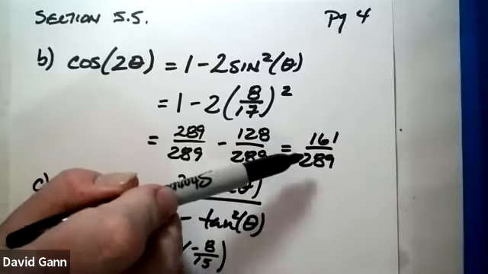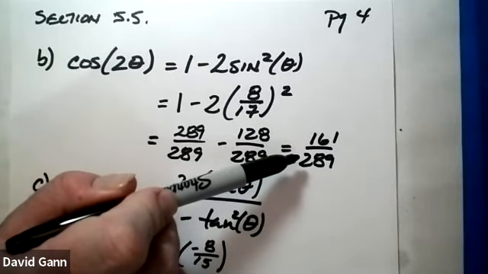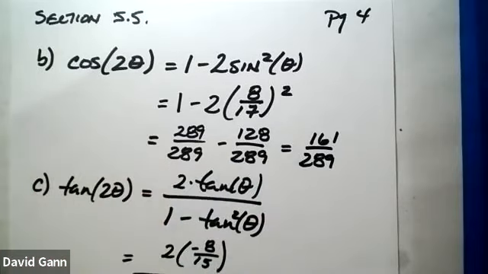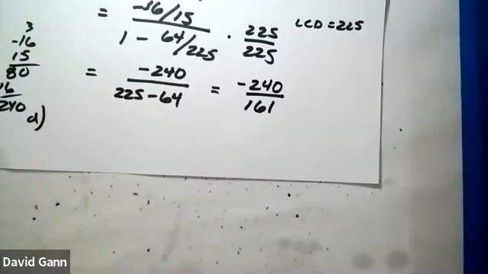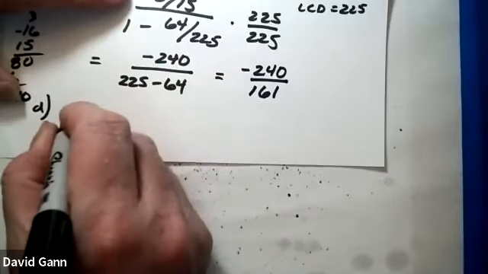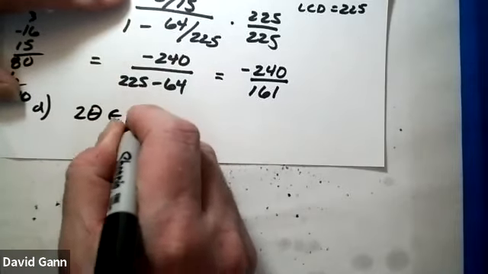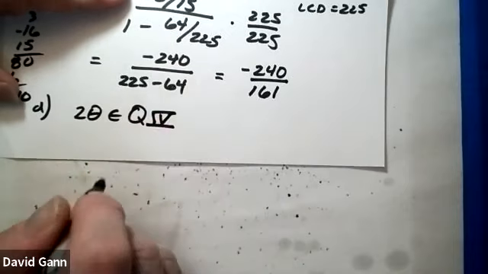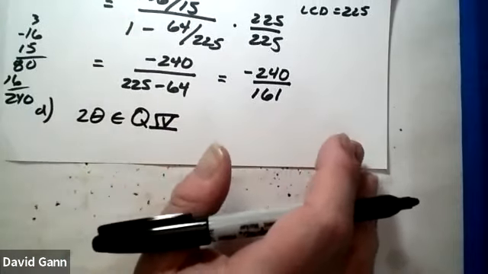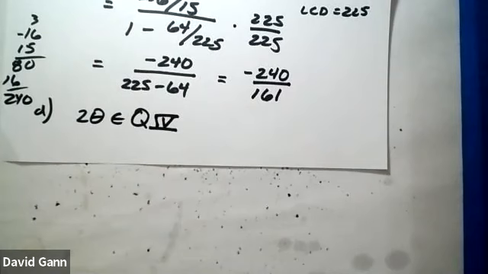And cosine is positive, which says it's either going to be quadrant 1 or 4. The only real overlap there is quadrant 4. So 2 theta happens to be in quadrant 4. Okay, so that finishes out that problem.